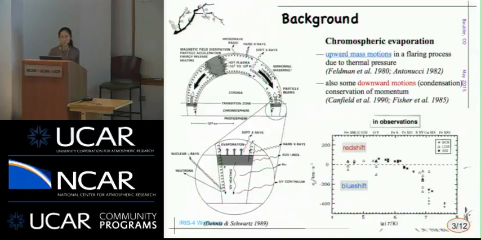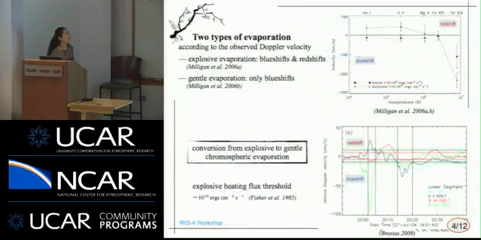Based on the observed Doppler velocity at a certain flaring region, chromospheric evaporation can be divided into two types: one is explosive evaporation and the other is gentle. Like the dotted line shown here, all the spectral lines show blue shift. It's gentle evaporation. Like the dashed line, the hot lines show blue shift, while the cool lines show red shift. This case is considered explosive evaporation.